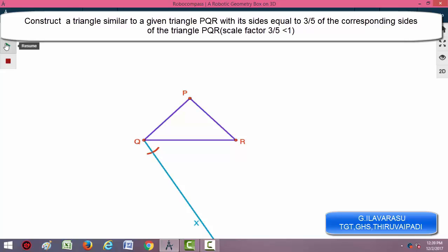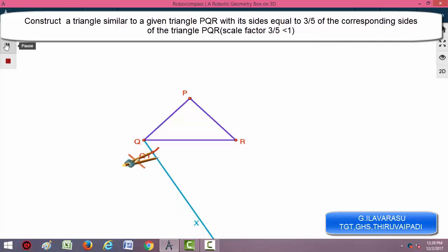So we need to divide this ray line into 5 equal parts, the bigger number between the two, that is 3 and 5. 5 equal parts we have to make on this ray line. So first take any radius.